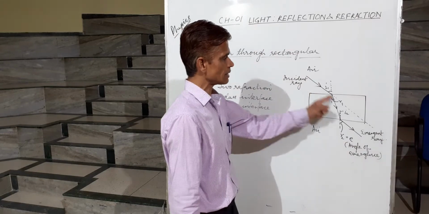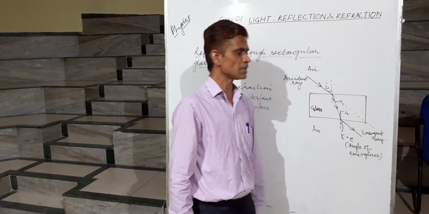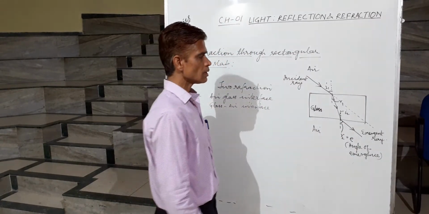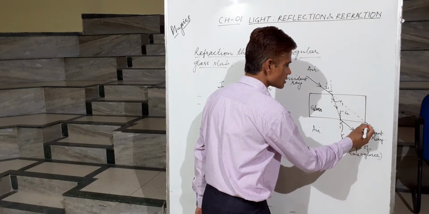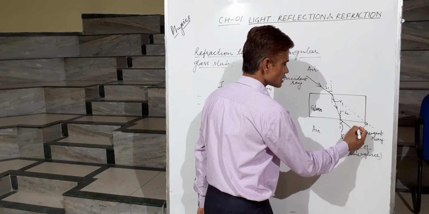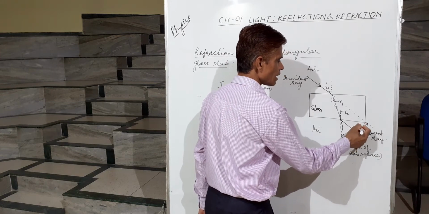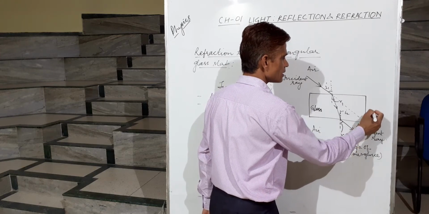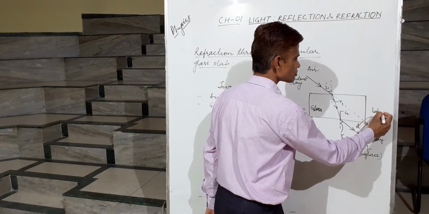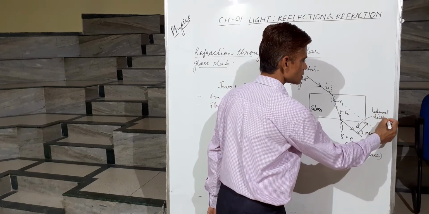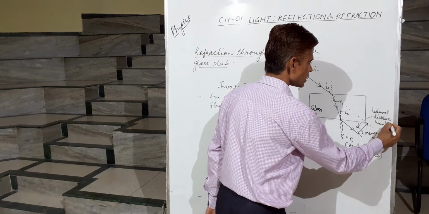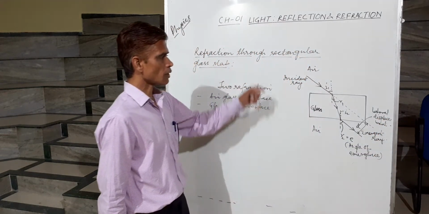That is, the incident ray is parallel to the emergent ray. The perpendicular distance between this emergent ray and the incident ray is called lateral displacement. Lateral displacement.